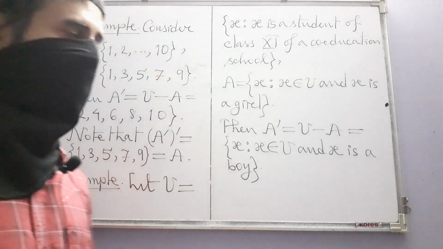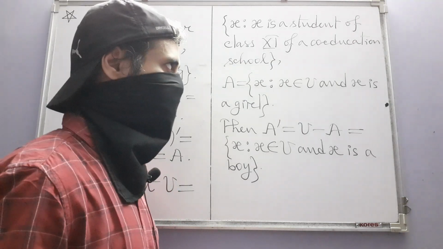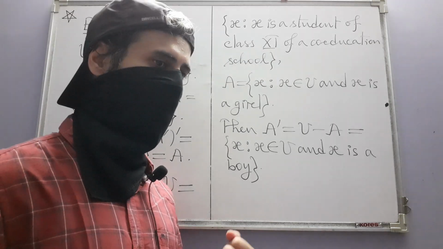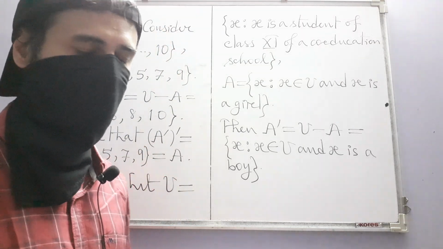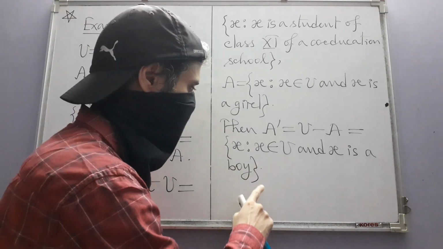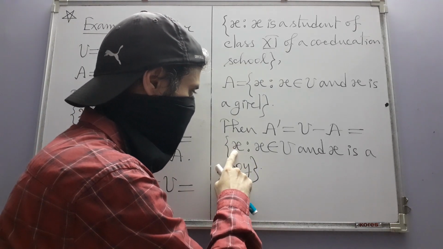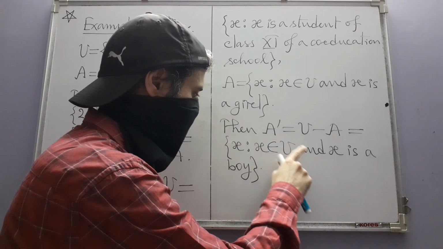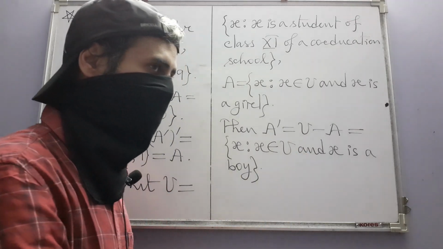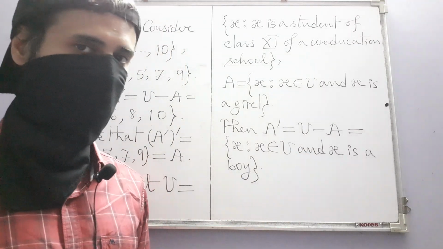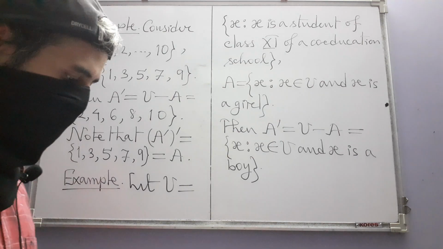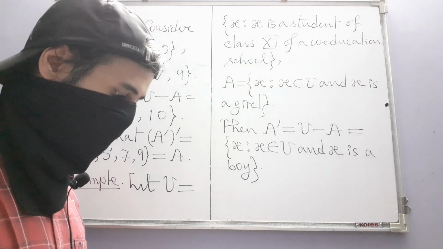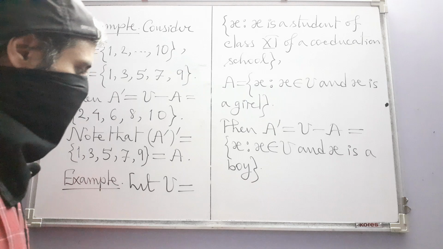Now, I am not exactly sure if a co-education school allows transgenders or not, but that is the assumption, because otherwise you would have to write that X is an element in U and X is either a boy or a transgender person. But anyway, it is what it is. So let's see another example.